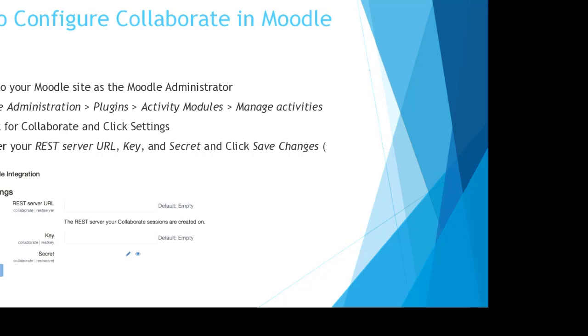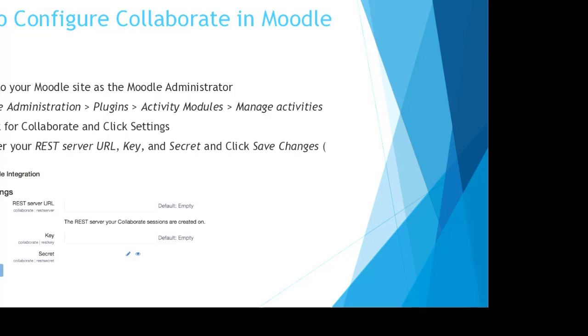So to get started, you're going to log into your Moodle site as the Moodle administrator. You will go to Site Administration, Plugins, Activity Modules, and then Manage Activities. Next, you're going to look for the Collaborate and click Settings.